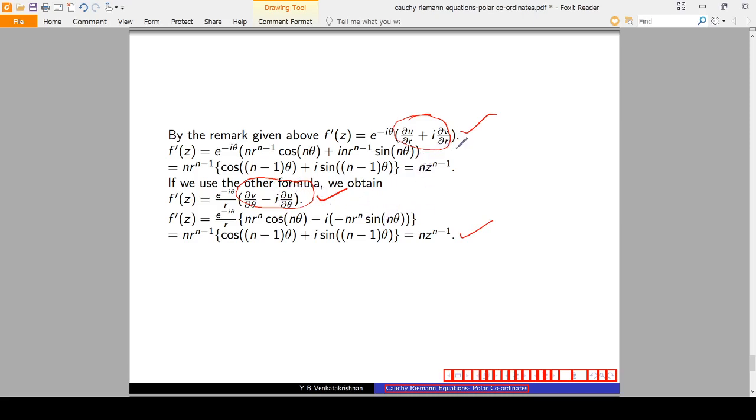So this is the process to find the derivative of f of z using the partial derivatives. As I told you, remembering this formula is very important, and similarly the CR equations in polar form. These two will help you to find the derivative of f of z when you use the polar form.